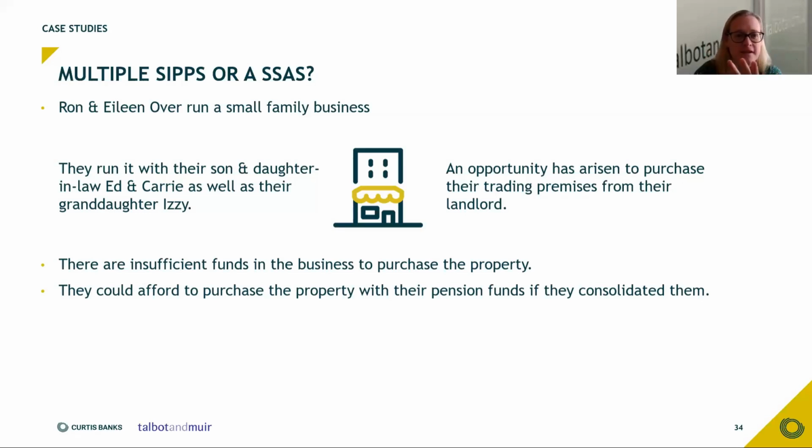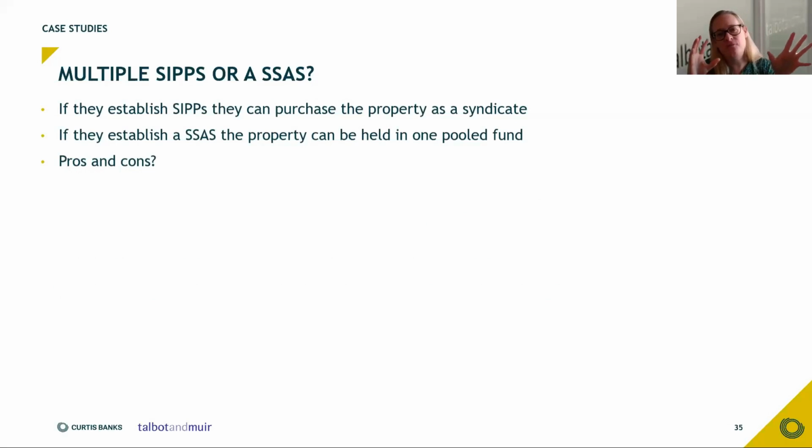So I think there's some different ways of thinking with regards to whether they go down the SIPP route or the SSAS route. And of course, it is absolutely essential that you look at both routes, so they don't miss out on the opportunity to have a SSAS which could fit their requirements quite nicely.